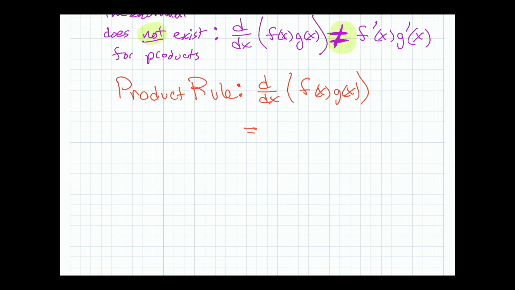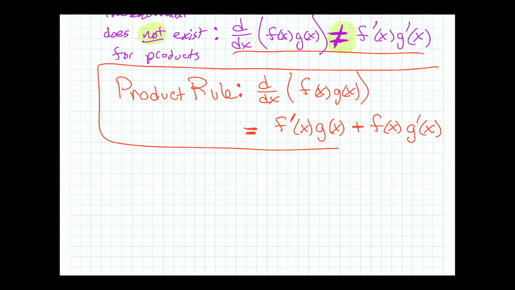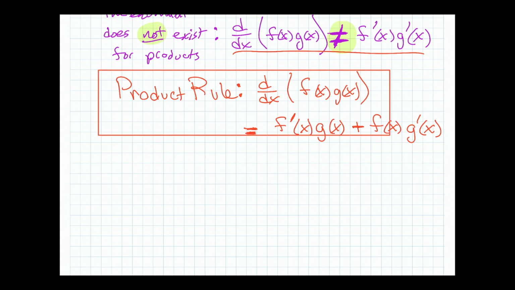So what it is equal to is f prime g plus f g prime. That is what it is. Okay, so the one up here is not a real rule, but this one right here is the real rule.